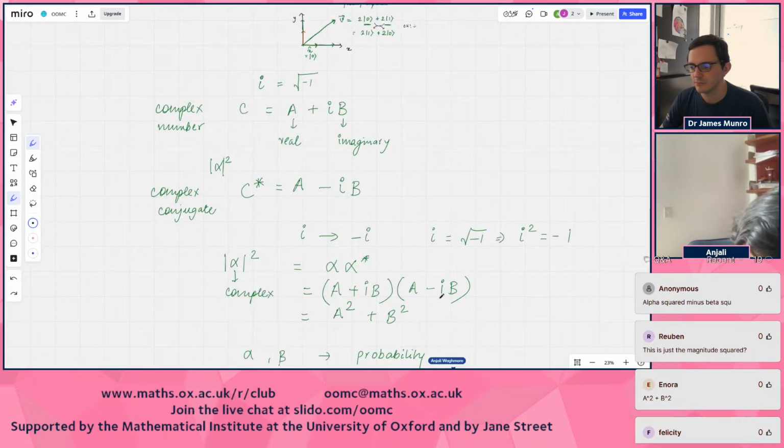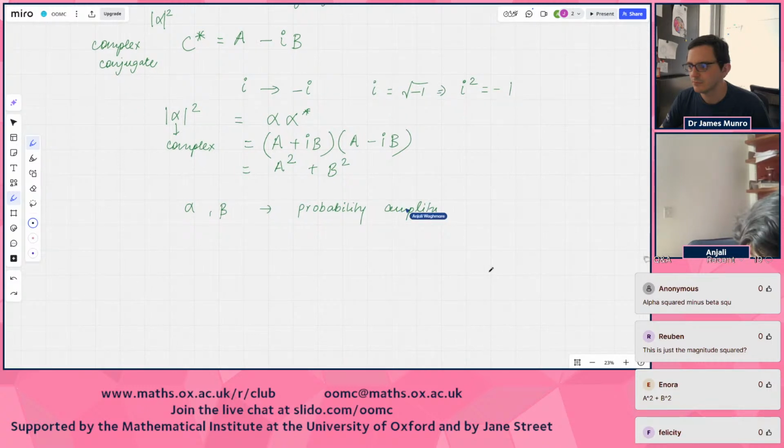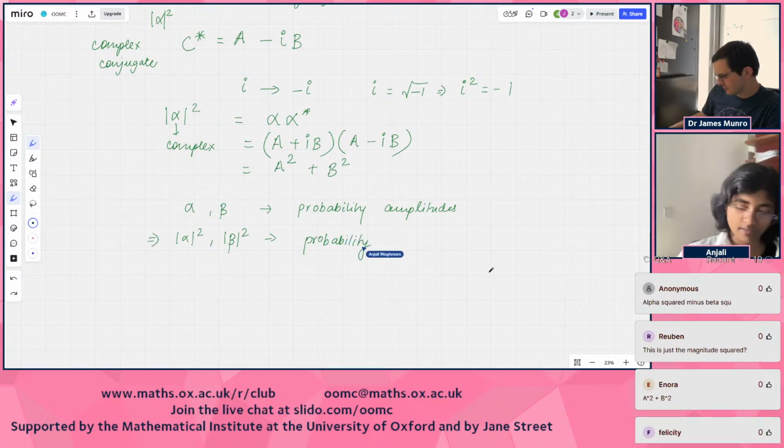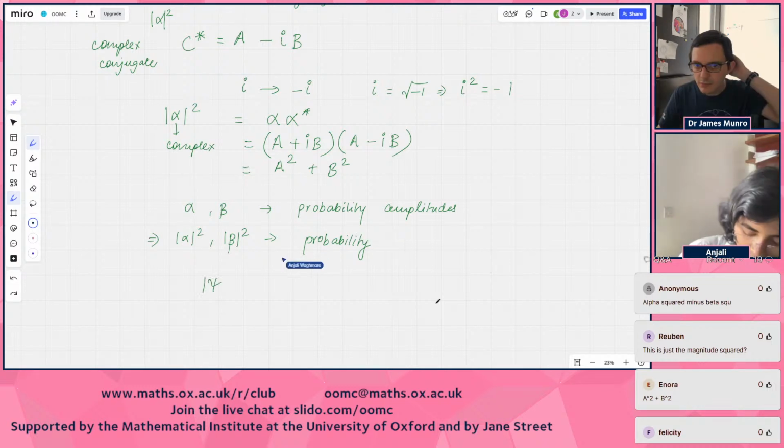What this means is mod alpha squared and mod beta squared represent the probability of finding the state psi in that particular base state. So psi was a linear combination of 0 and 1.